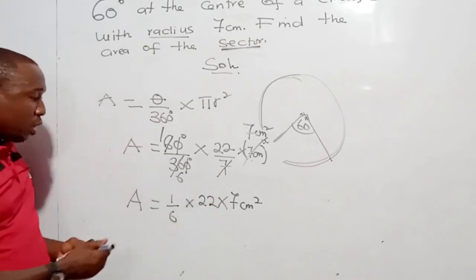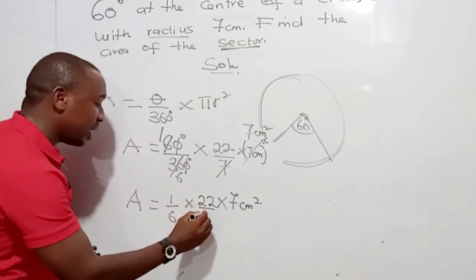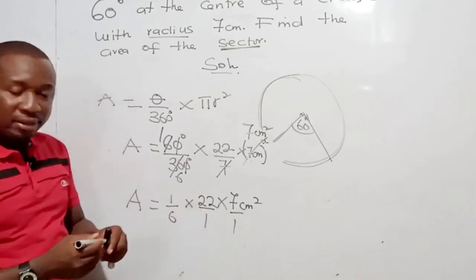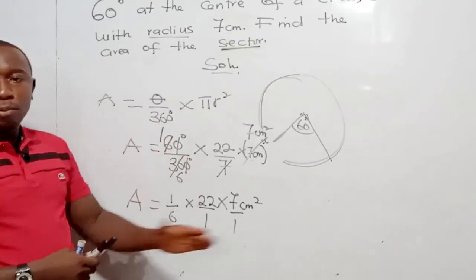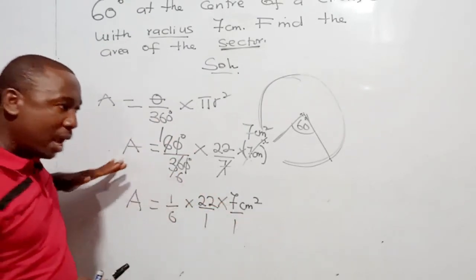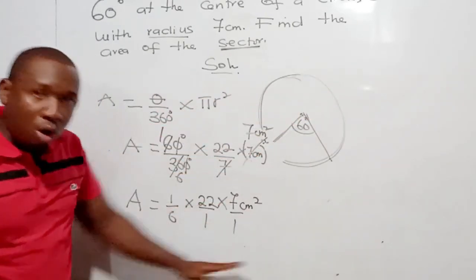Here, we know that each of the figures here occurs with a denominator of 1. So with the principle behind multiplication, you multiply all the numerators and then you multiply all the denominators.